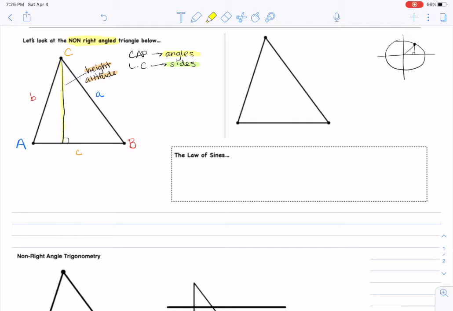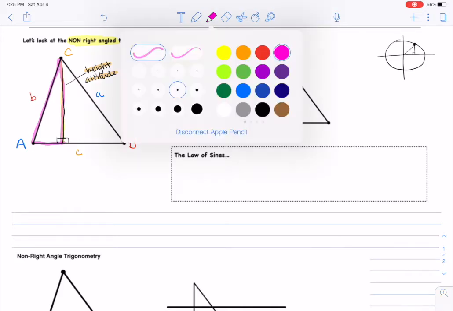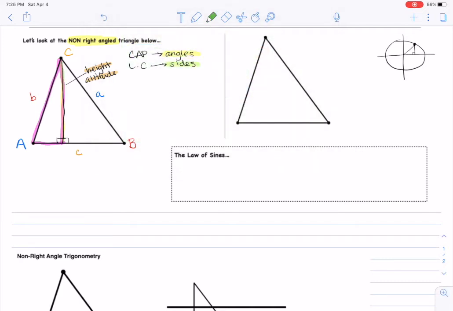Notice that the altitude does something very special. Even if the triangle is not a right triangle, it splits it into two right triangles. So you'll notice that there's the triangle right here on the left-hand side. It's this kind of skinnier triangle. And then you'll notice there is another one over here on the right-hand side. This one's a little bit bigger.